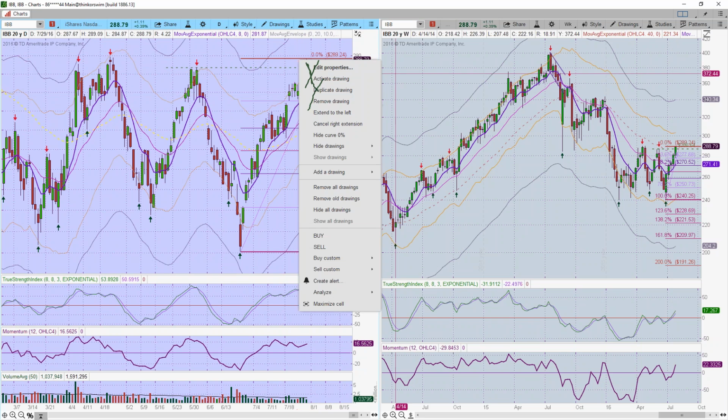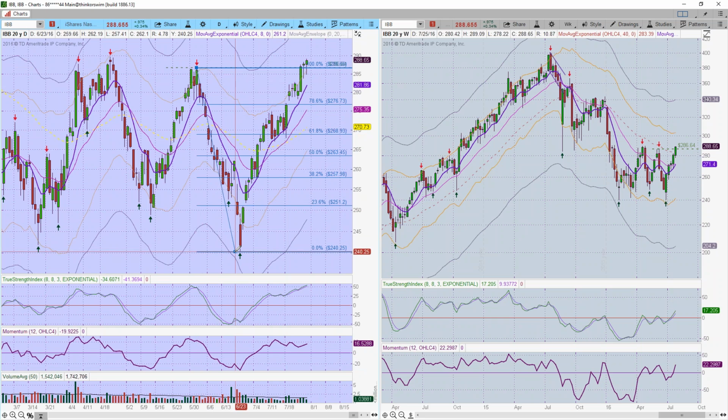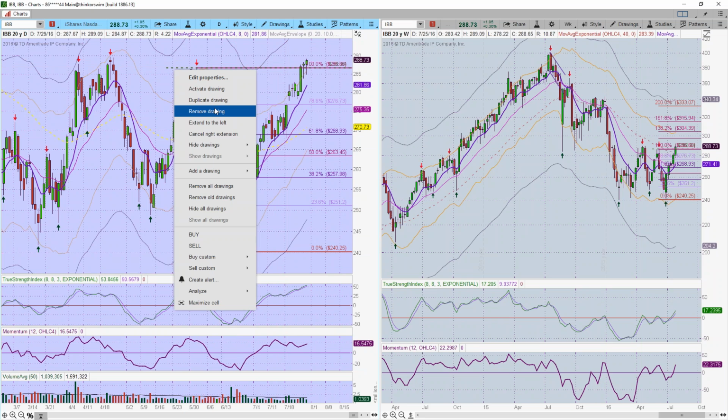We can throw in, just for shins and grins, another fib retracement, but we'll turn this into a fib extension, and it is basically from here to here. That worked nicely. Let me get rid of that so it doesn't blind us.